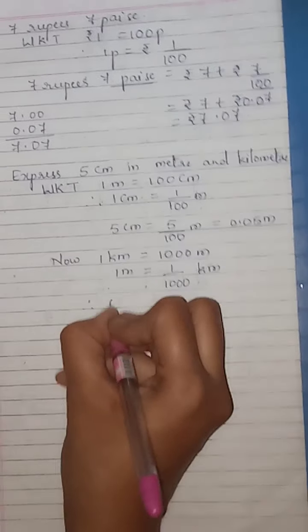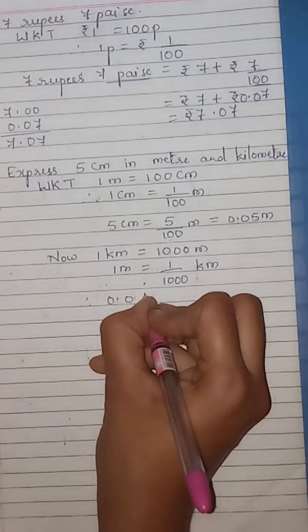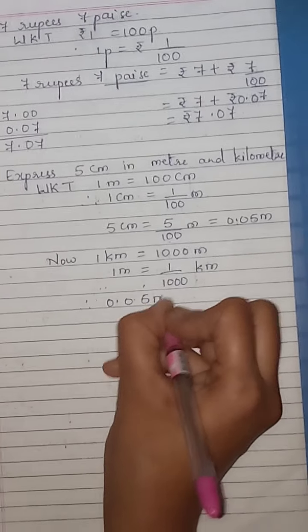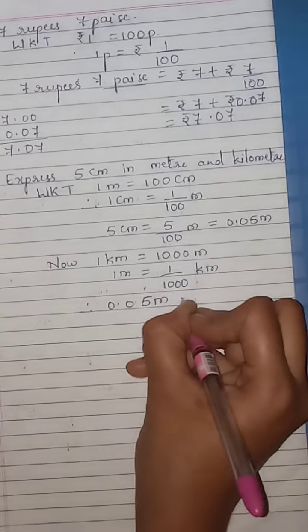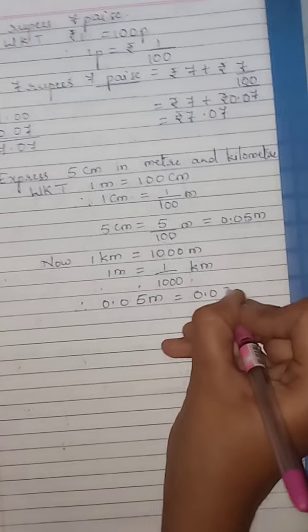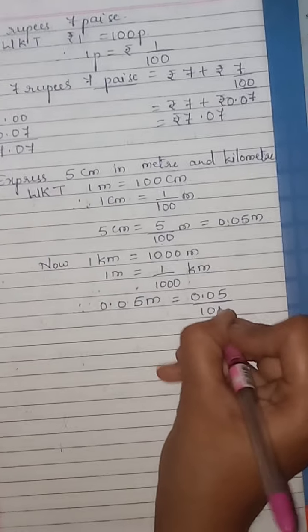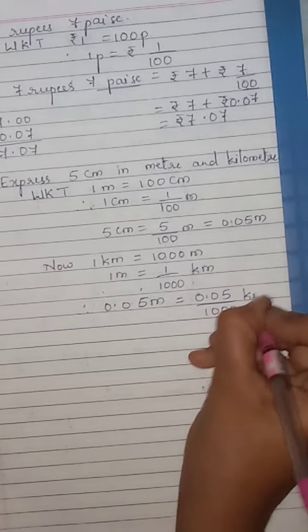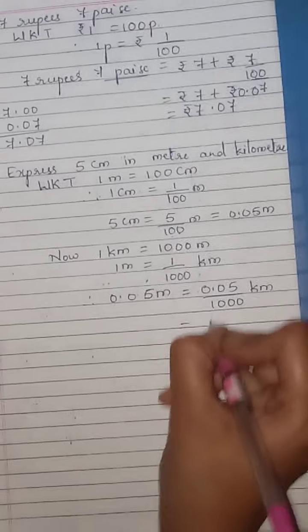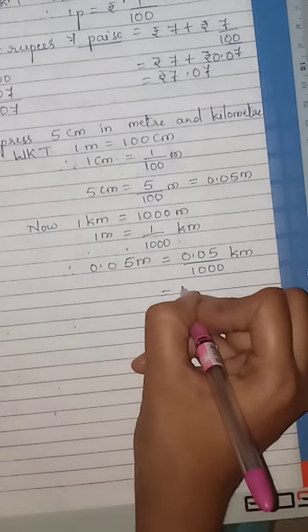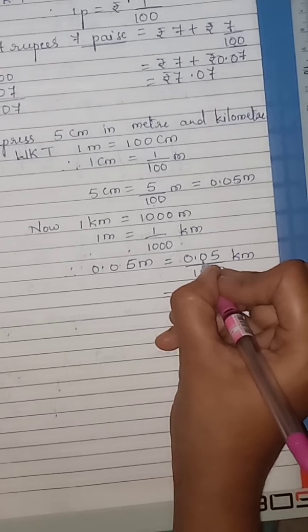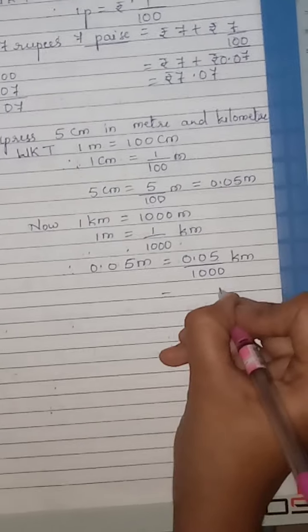Therefore, 0.05 meter equals 0.05 by 1000 kilometer. Now express this in decimal form. See children, here in the decimal part 05 is there.